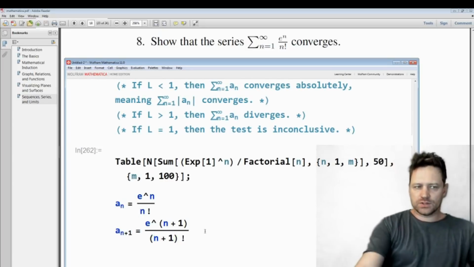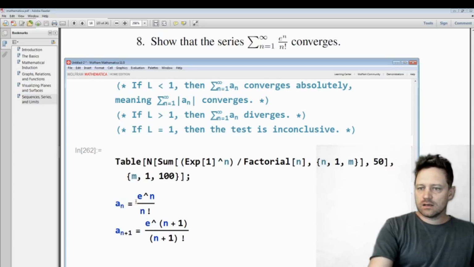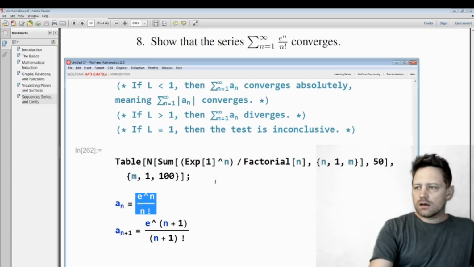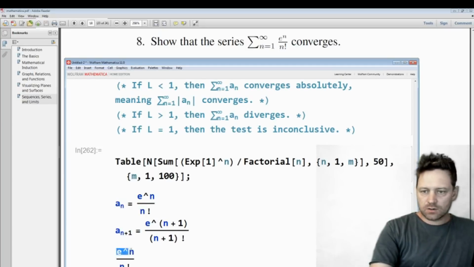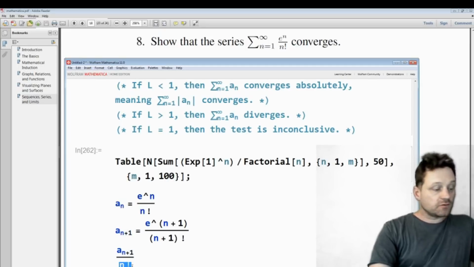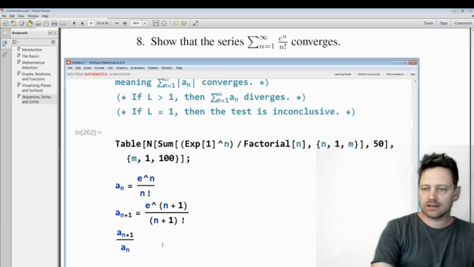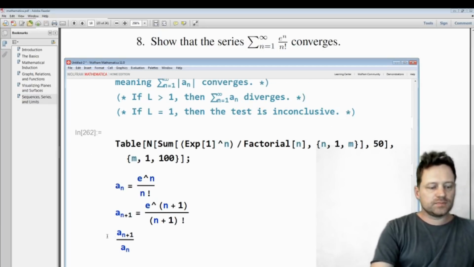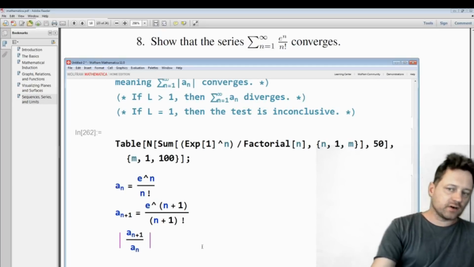Now we want to look at the ratio a_(n+1) over a_n, exactly this. And now I'll put vertical bars around it to suggest that I'm referring to the absolute value.